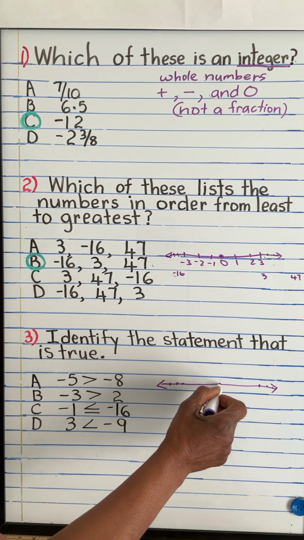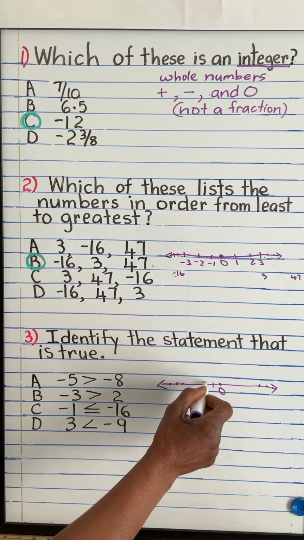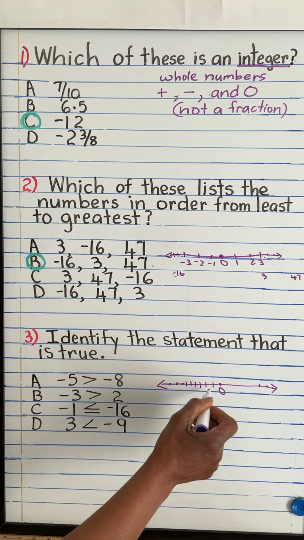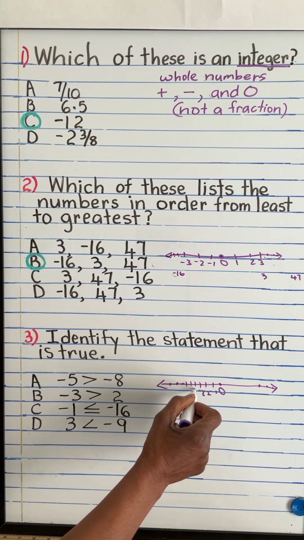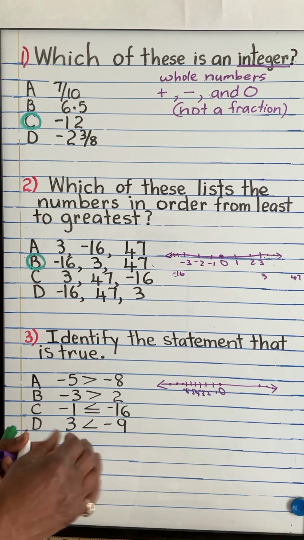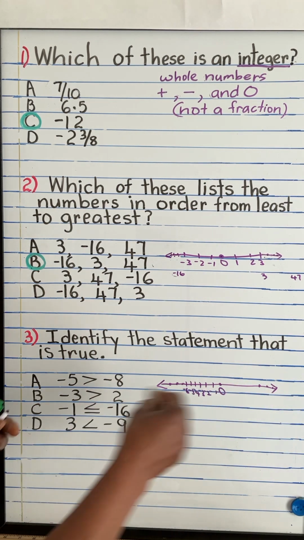Now we have our 0 in the middle. 1, 2, 3, 4, 5, 6, negative 1, negative 2, negative 3, negative 4, negative 5, negative 6. Let's make this a little clearer.